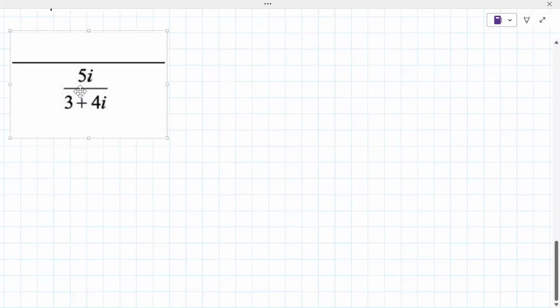Okay, if we look at this one first, or do you want us to do the 2 over 7 minus 5i first? The first, the other one's fine.